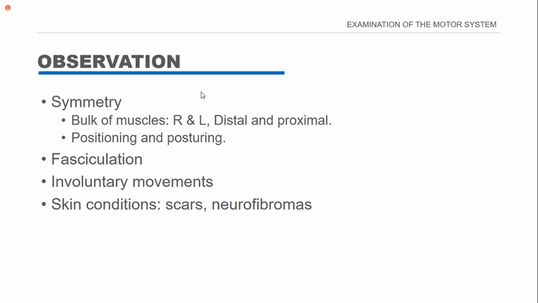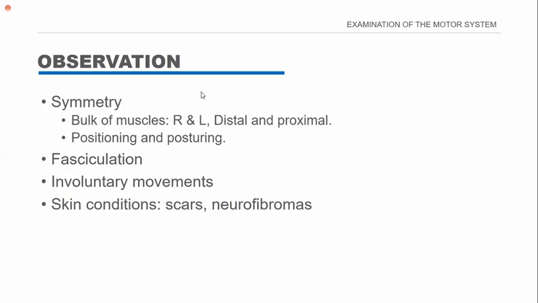Other observations include symmetry, bulk of muscles right and left, distal and proximal. Sometimes muscles are more wasted distally than proximally, or they may be more wasted proximally than distally. Sometimes wasting is more on the right or left, and there are certain disorders which are global, for example peripheral neuropathy.